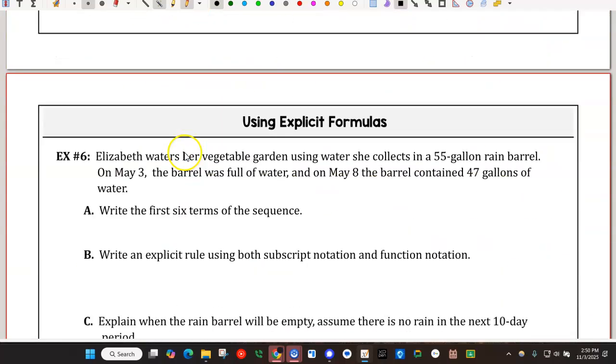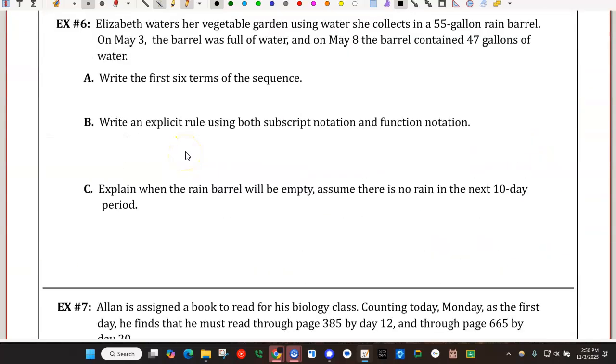However, with word problems, it does serve us a little bit better to think about a sub 0 as the first term. And you can play around with it and do it without doing that, but you'll find your answers are always off by 1, because if you're counting from 1 instead of 0, everything is going to appear to be 1 bigger than the actual answer is. So looking at this like May 3rd, and we're going to May 8th, you could say this is a sub 1, and then 5 days later would be a sub 6.